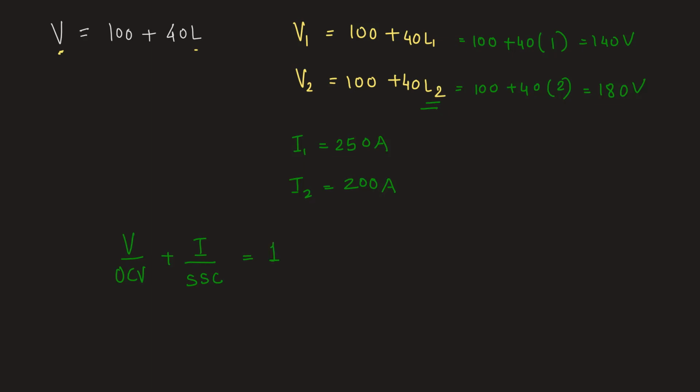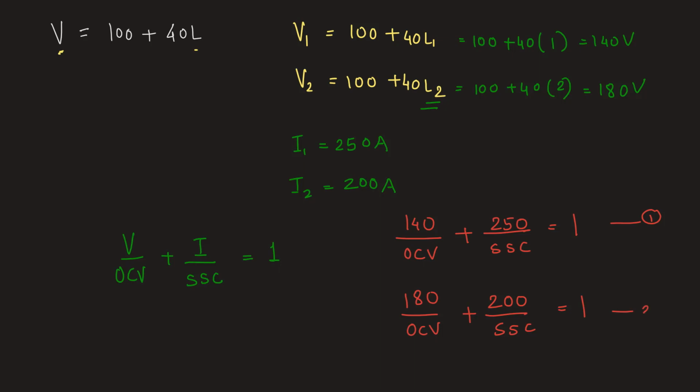Substituting for each of the cases, we will have 140 by OCV plus 250 by SSC is equal to 1. This is equation 1. And the second one is 180 by OCV plus 200 by SSC is equal to 1. This is equation 2.